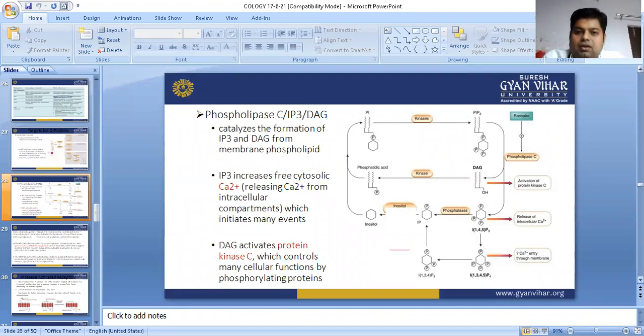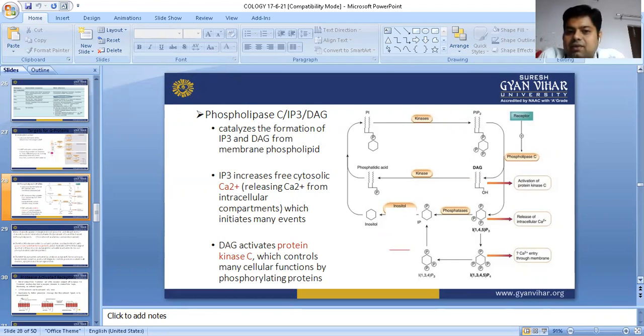It catalyzes the formation of IP3 and DAG from the membrane phospholipid, and IP3 increases free cytosolic calcium by releasing calcium from the intracellular compartment, which initiates many events, and DAG activates protein kinase C, which controls many cellular functions by phosphorylating proteins.